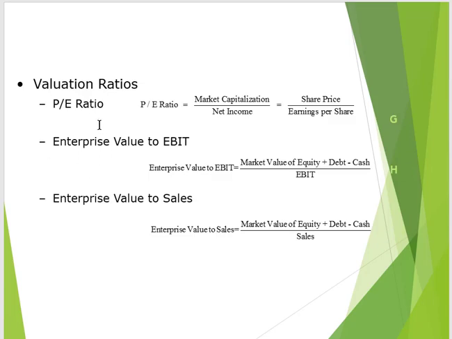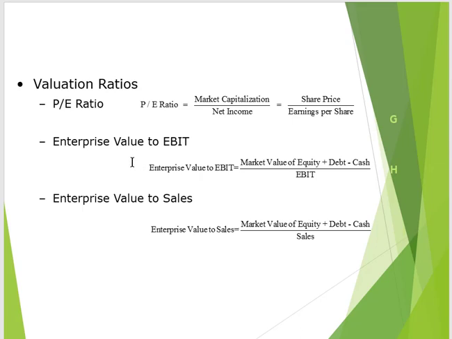The first ratio, coming back, we're going to talk about the PE ratio, which basically measures investor optimism. The higher this number, the more people appear to be willing to pay for every dollar of earnings. Enterprise value to EBIT, and sometimes they talk about how cheap is this stock.